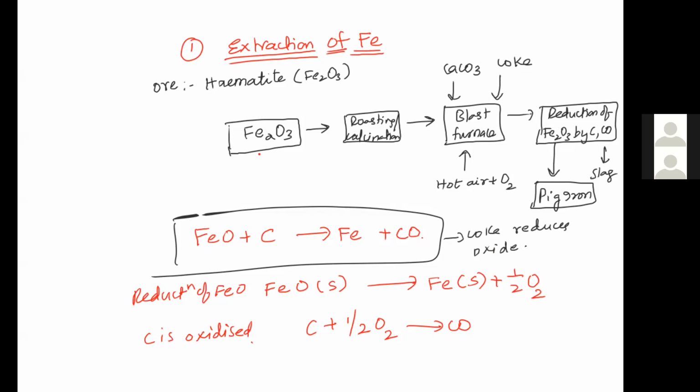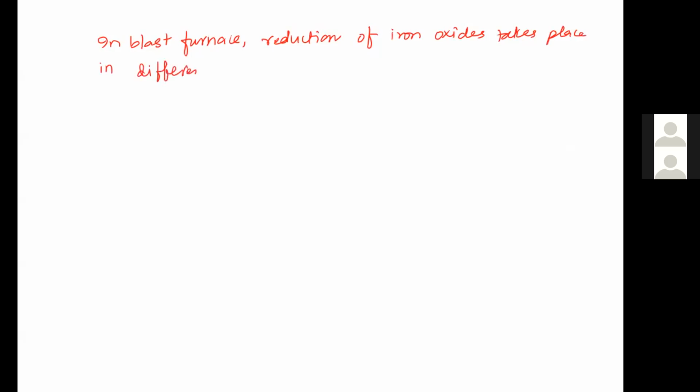So in the blast furnace, reduction of iron oxides takes place in different temperature ranges.